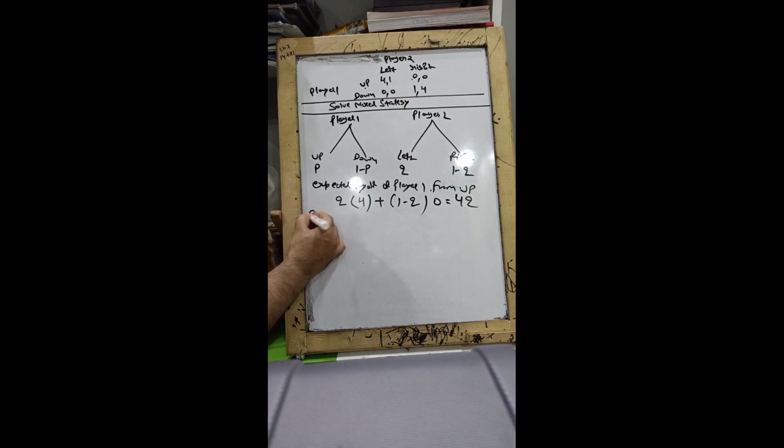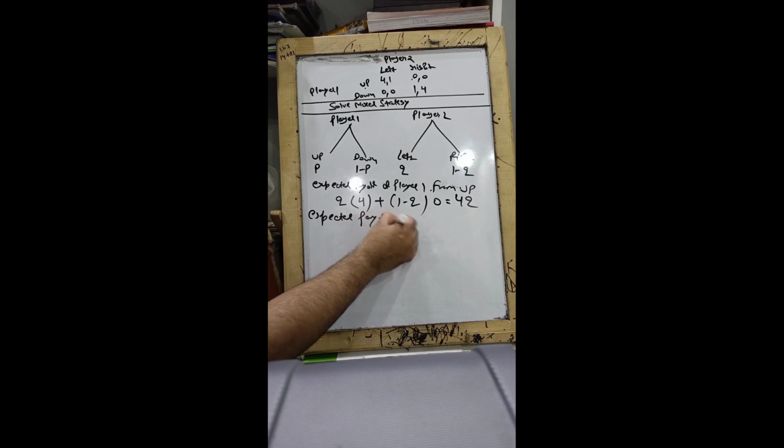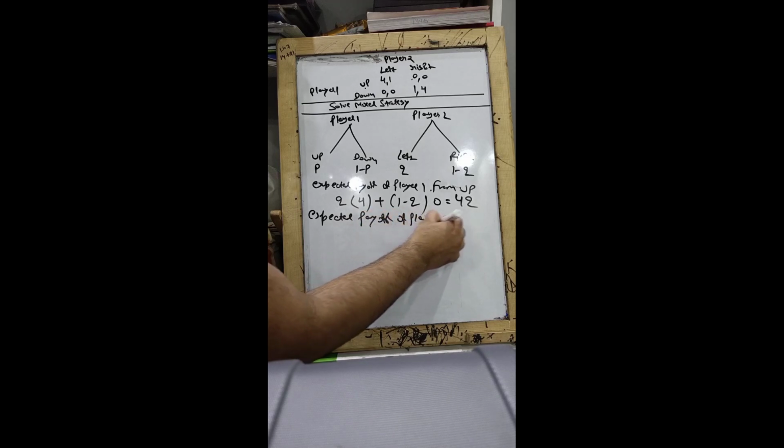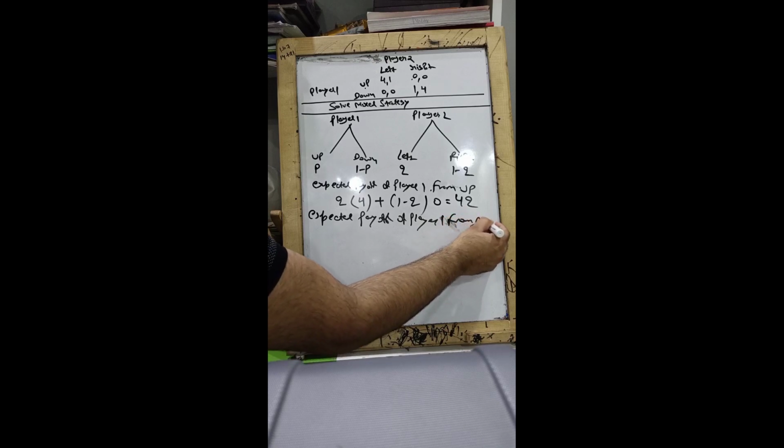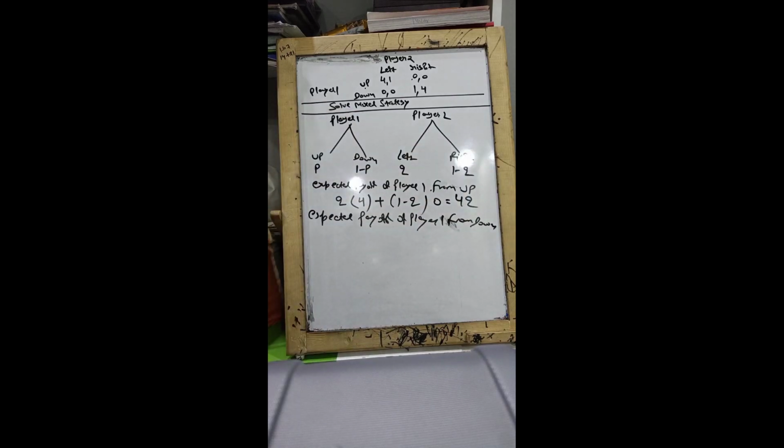Now do this thing. Write expected payoff of player 1 from going down. So now he has committed himself to go down. His expected payoff from going down shall depend upon what player 2 does.